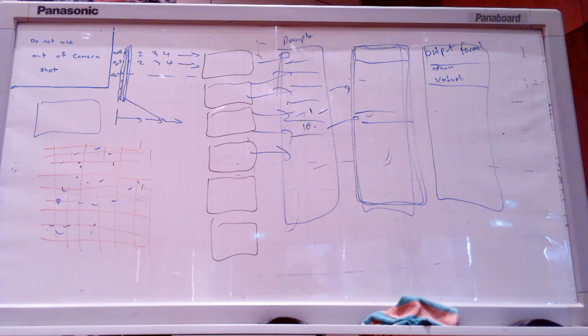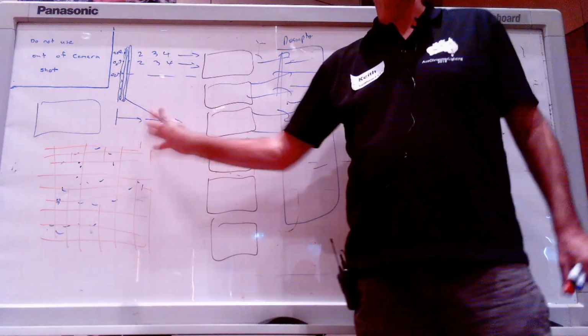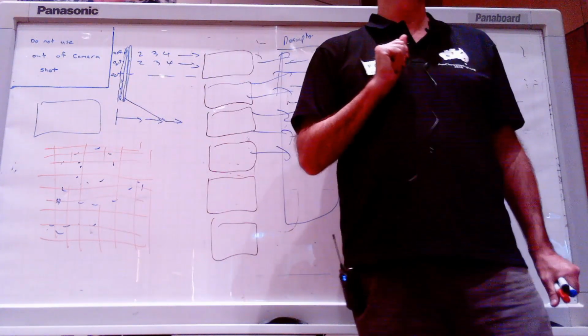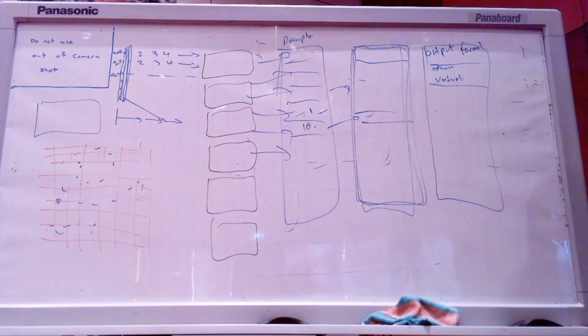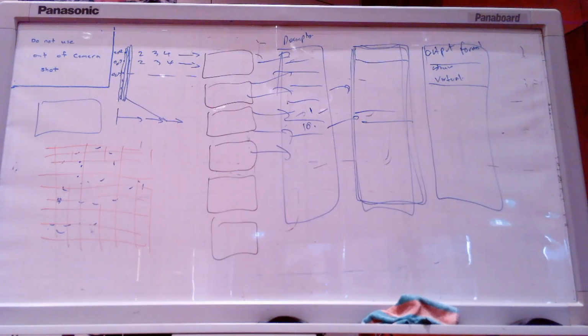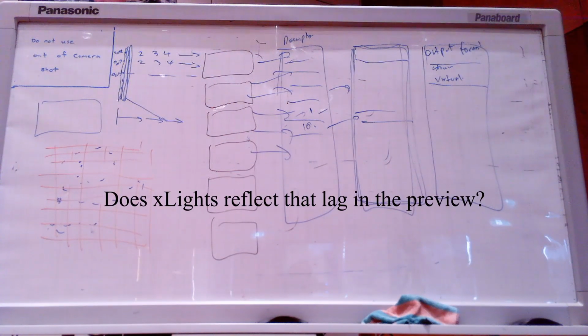Things don't actually arrive at your pixels until probably at least one frame after they were meant to, remembering that we triggered it all over where we actually were in the song. There's a lot of stuff that happens here to get your show player to work.